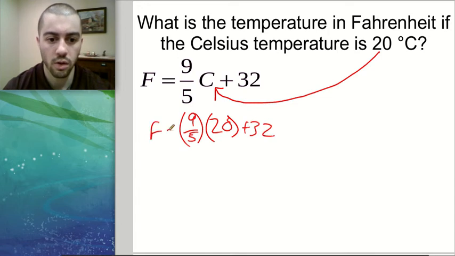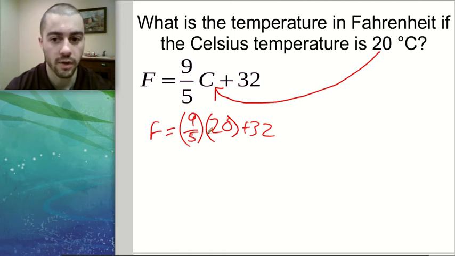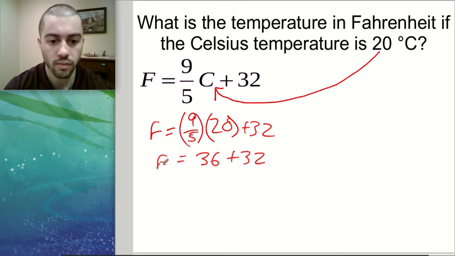plus 32. Again, to solve here, we already have Fahrenheit by itself over here. All we need to do is do the math on the right side of the equation. So 9/5 times 20 degrees gives us 36, and then we can add the 32. If we add these up, we end up with 68 degrees Fahrenheit.